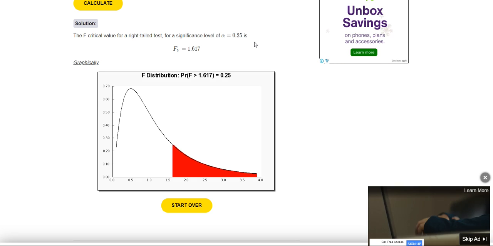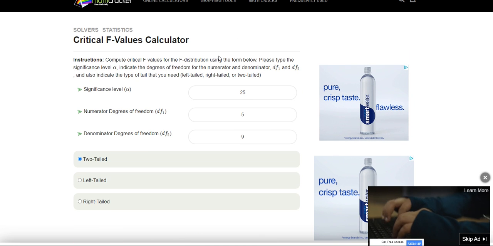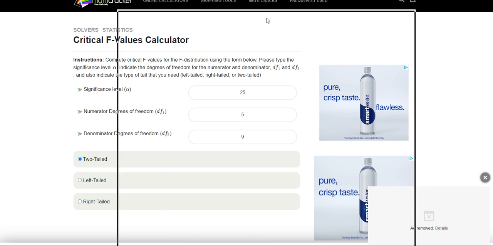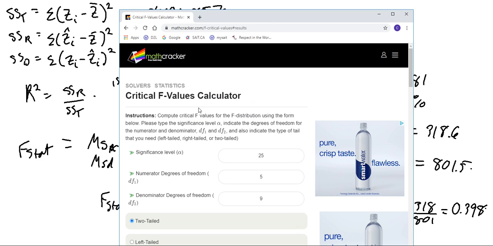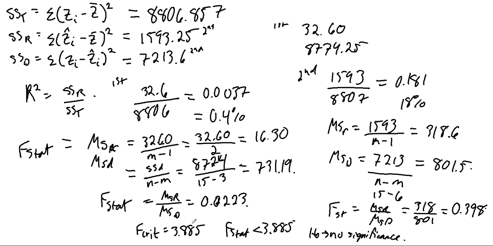So that's another way you can look at these. I'm using MathCracker to do that critical value. But if the value that I calculate exceeds the critical value, then we know that there is a significance, that it's significantly matching. It does a really good job of matching it.